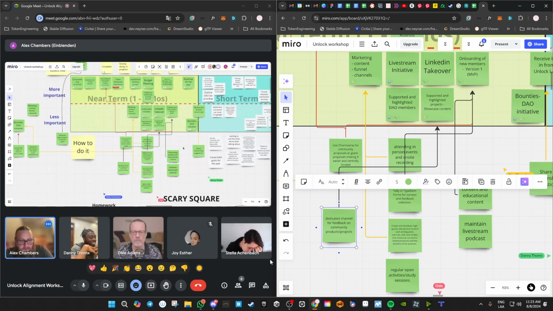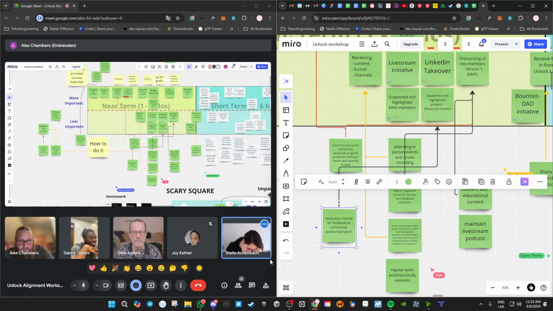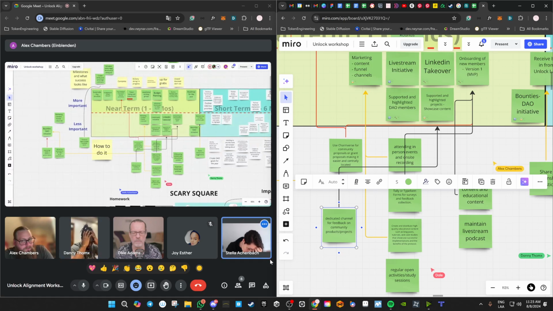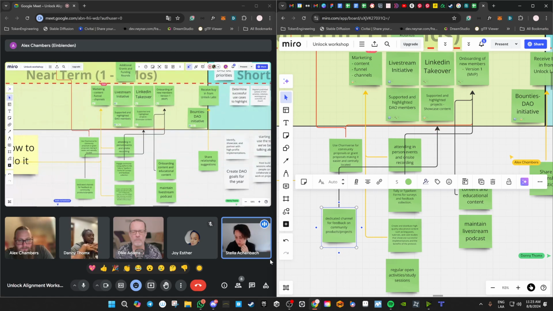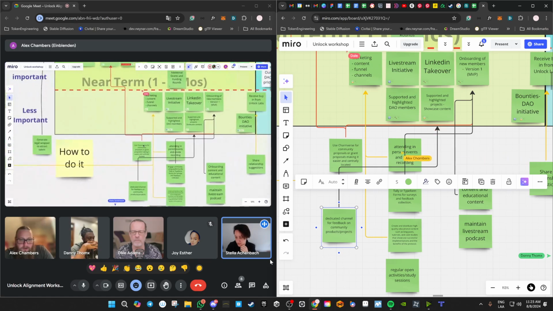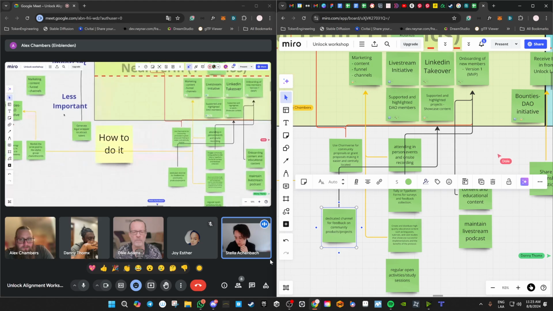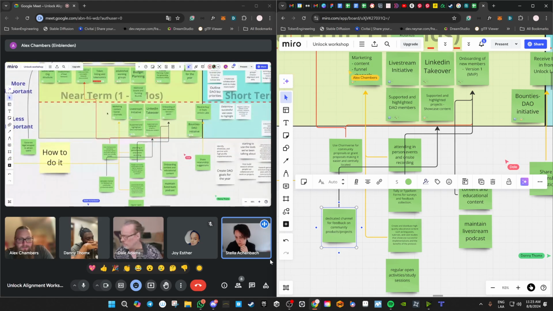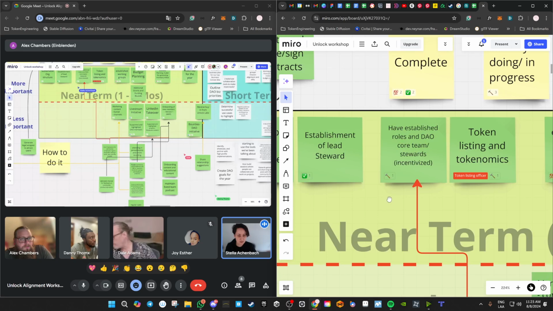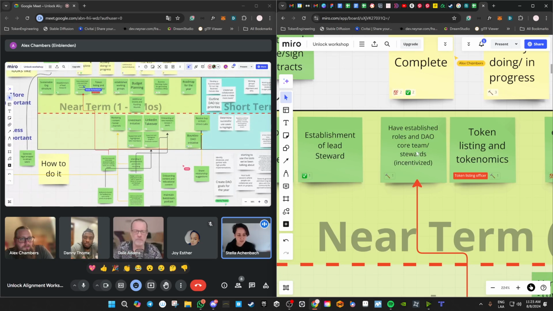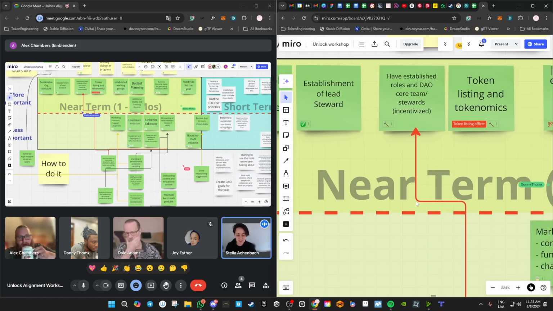Maybe it is because we didn't do well on answering the subsections of your questionnaire. We probably put almost the same stuff in there that we did put in the first one, and this is why it has a lot of direct overlap. I think it would have worked much better if we had answered in a way where, you know, established roles and DAO core team stewards, and then people would have said token listing officer, CXO, CTO, CEO, right?